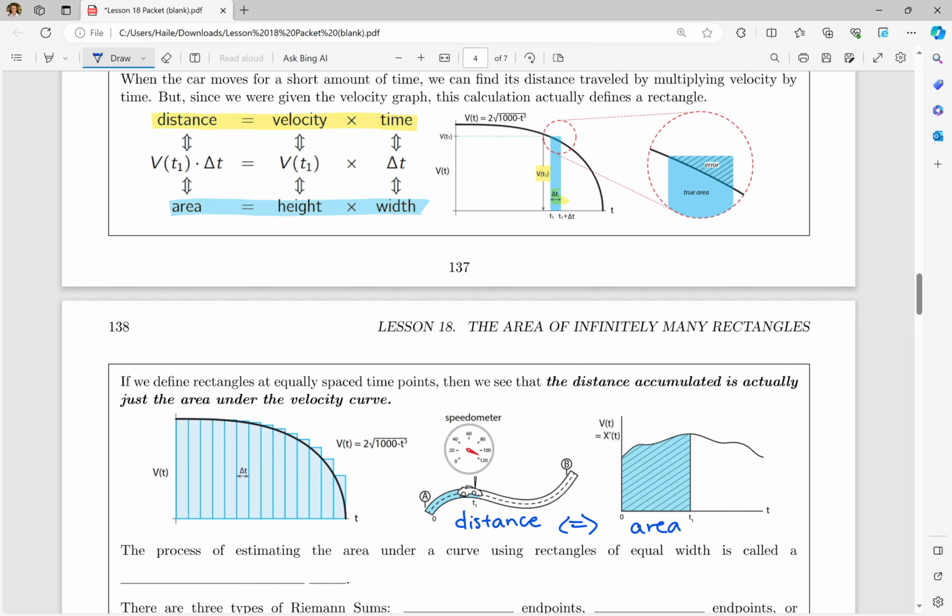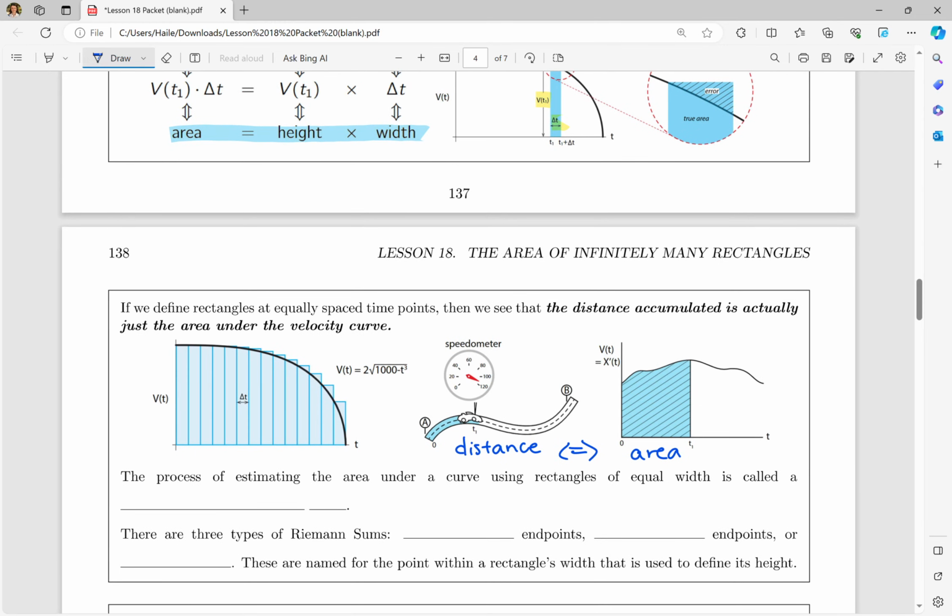The process of estimating the area under a curve using rectangles of equal width is called a Riemann sum. We're going to see 3 different types: we could use left endpoints, right endpoints, or midpoints.